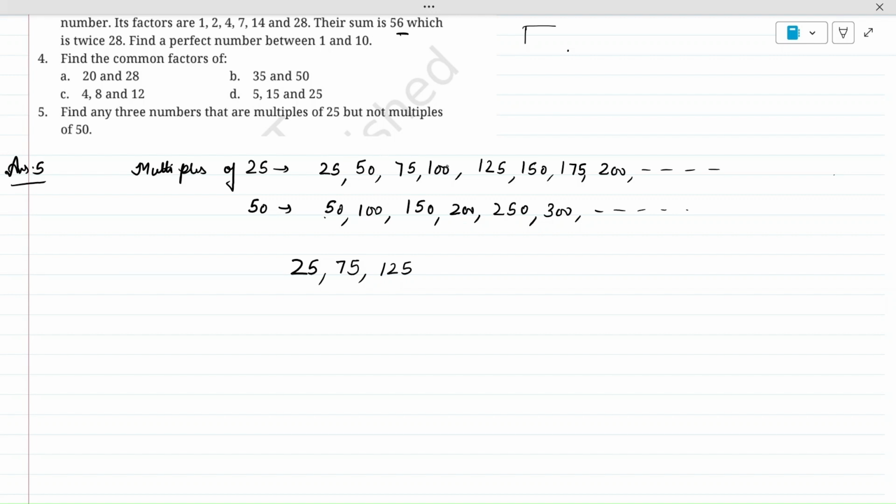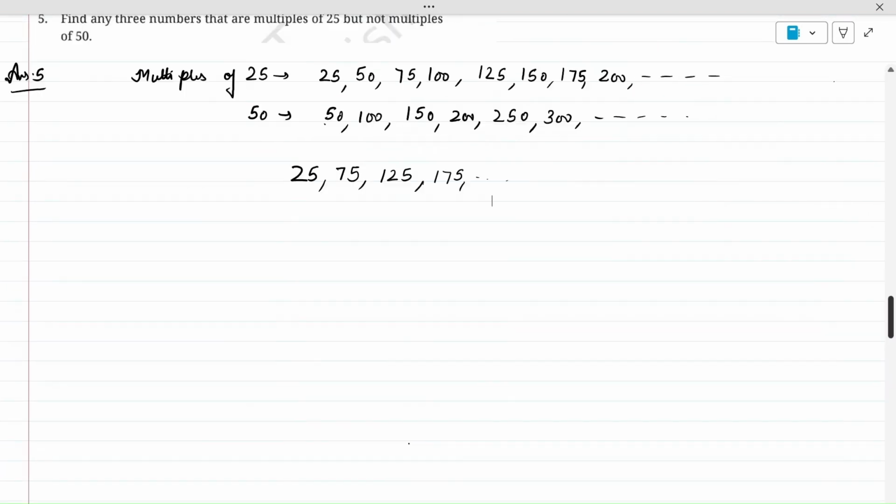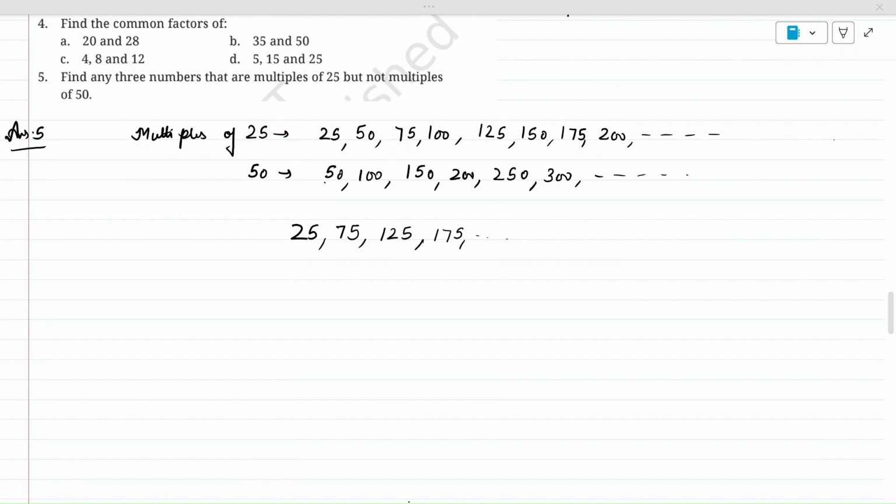And then 100 is present in both. The very next one is 125, and if I ask you the next one after 125, it will be 175. So let's write down this also, and this way you can find out the multiples which are common and which are not. Okay. So next we have question number 6 here.